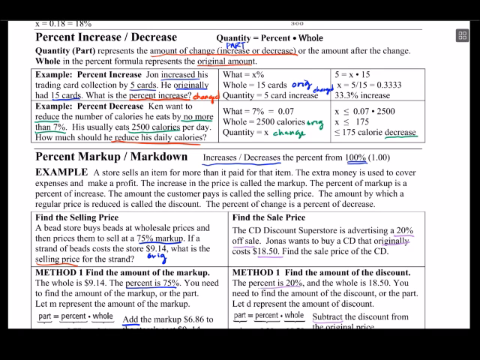We are looking for the change. And if we are doing markup and markdown problems, we use our increased or decreased 100%. So just be careful when you are reading these, and I'm sure you will do fine. I hope you have fun with our percent problems.